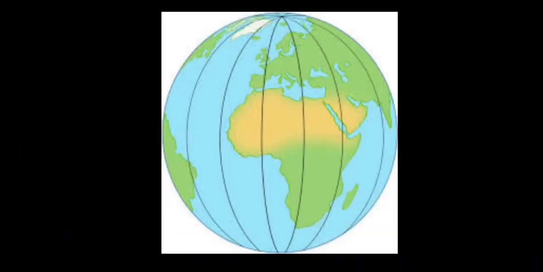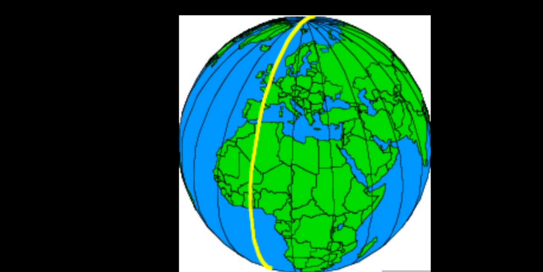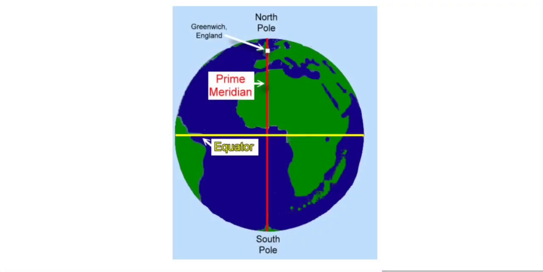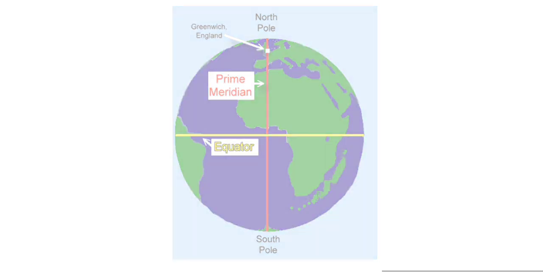The other set of lines are the semicircles. These lines join at the north and the south poles. There are total 360 meridians and they all have equal length. The meridian passing through Greenwich near London in UK is marked as 0 degree.